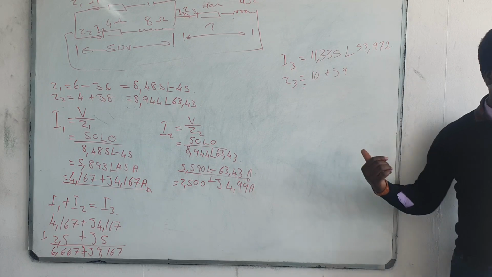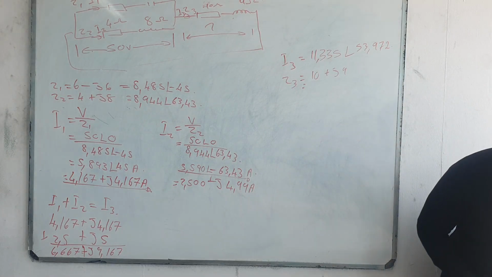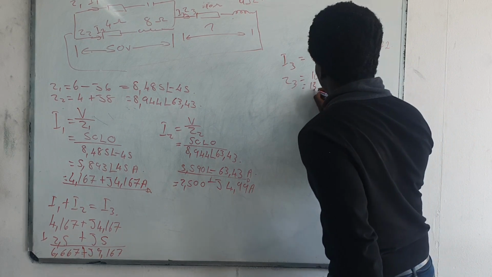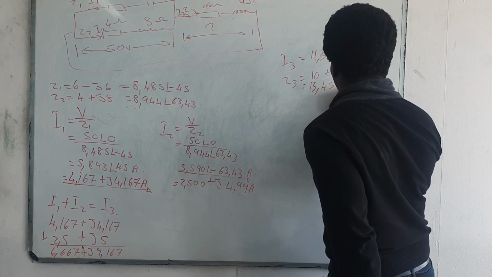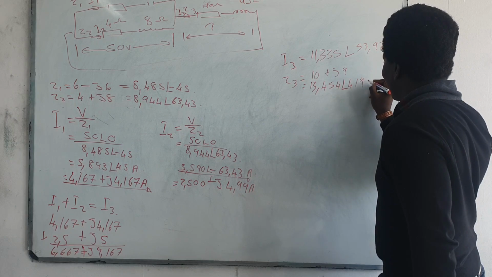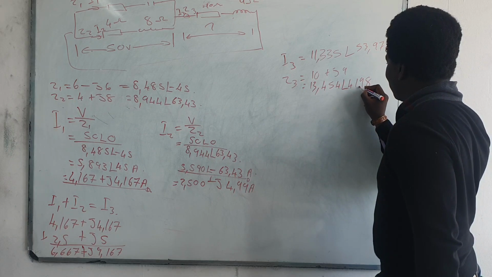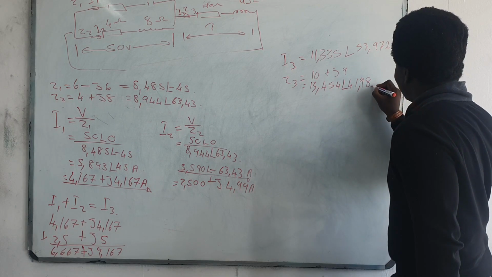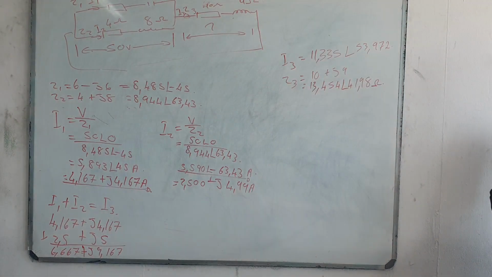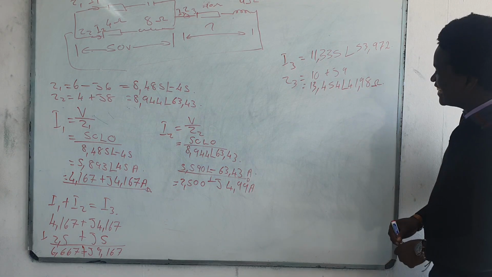This is one of those topics that no matter what happens, you do this. 13.454 at an angle of 41.98. That is perfect. We know that. What did you get? I was just writing it blindly.